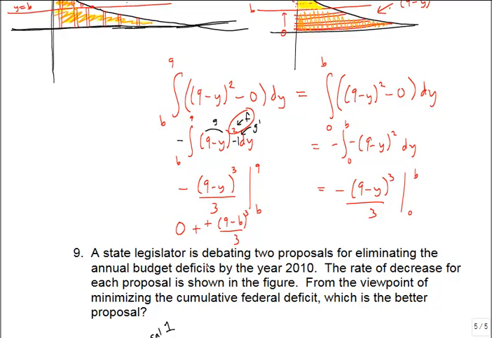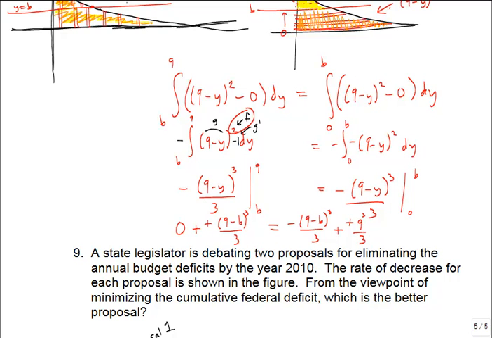Minus minus becomes plus. On the right side, when I plug in b, we're going to get -(9 minus b) quantity cubed over 3 minus, now I need to plug in 0. When I plug in 0, I get this negative out front still there, and 9 minus 0 stays 9, so this is 9 cubed over 3. Minus minus becomes plus.